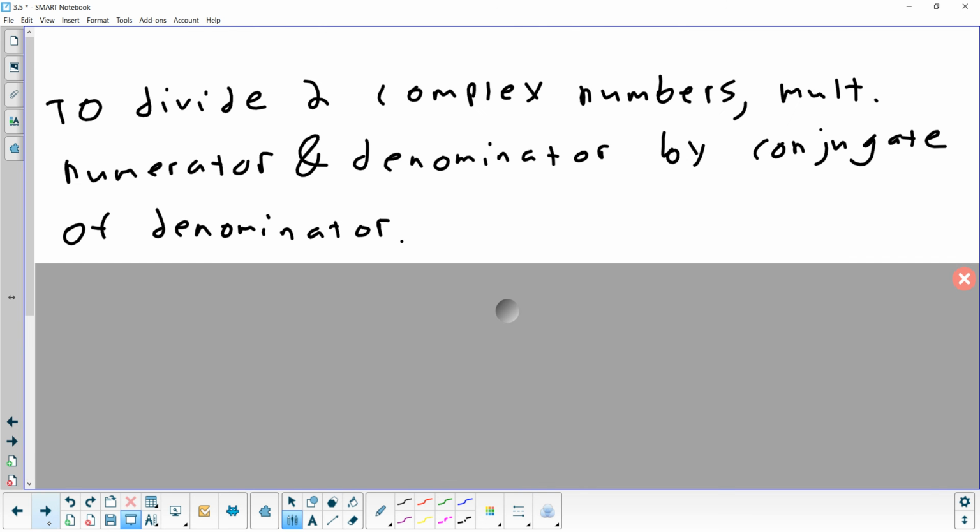All right. So now, the last thing is, how do we divide two complex numbers? This is how you do it.